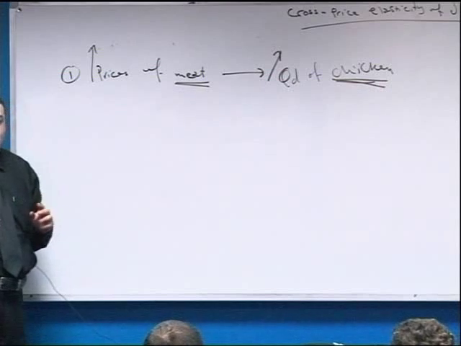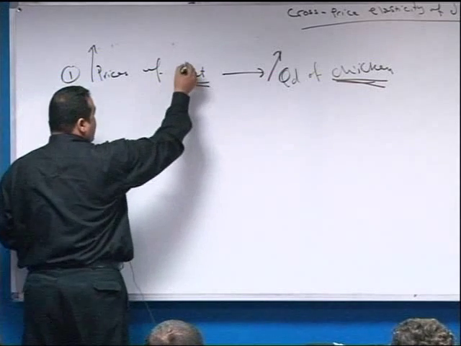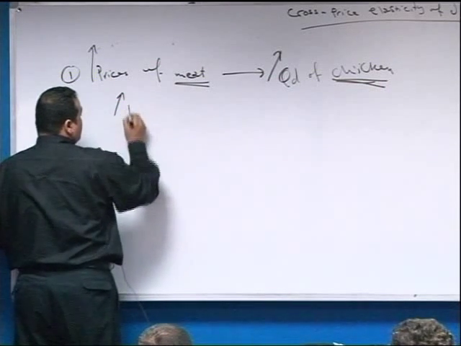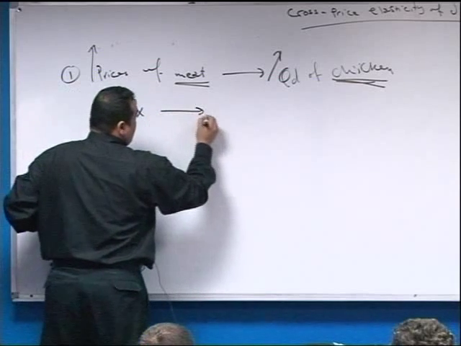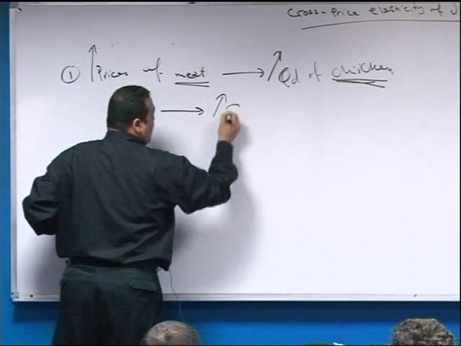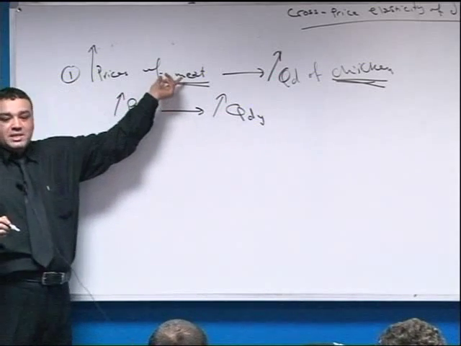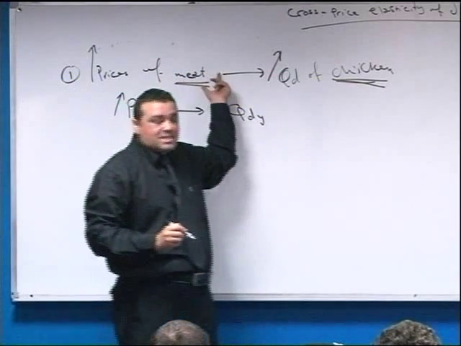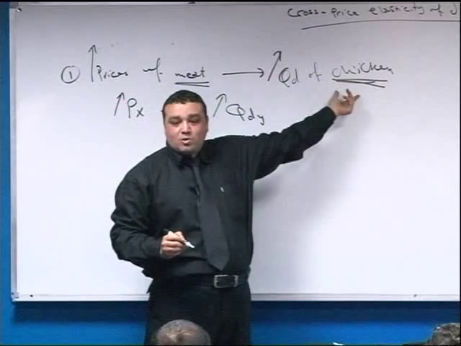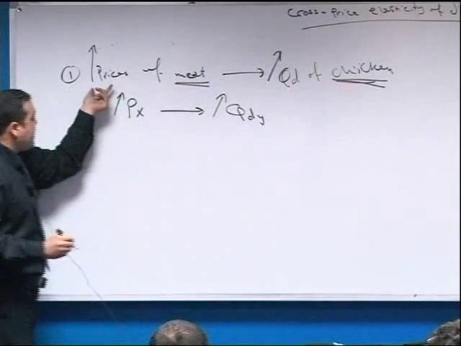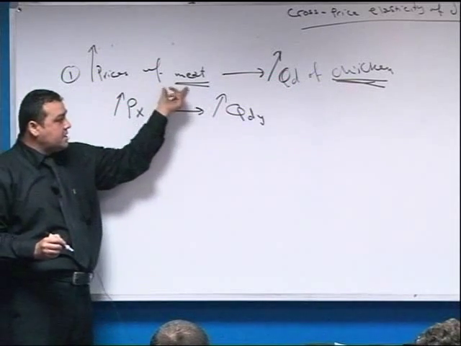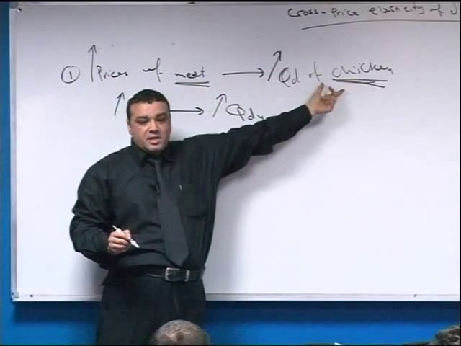Increasing the prices of X leads to increasing the quantity demanded of Y. Suppose the meat is the product X and the chicken is the product Y. When the prices of meat increase, the quantity demanded of chicken increases.